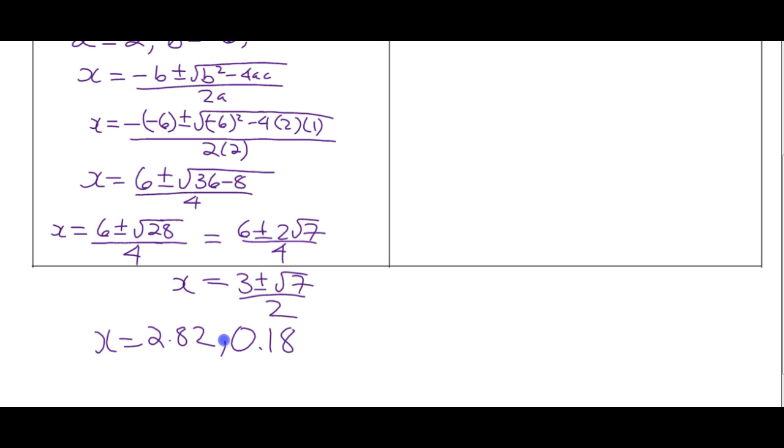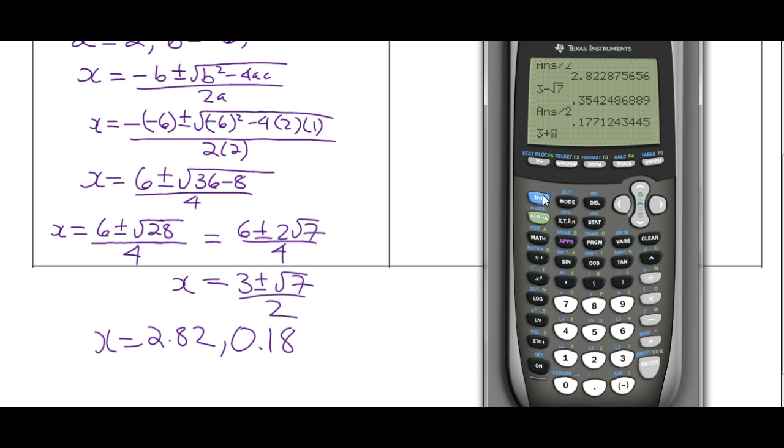Okay, and then when you actually go to evaluate them, you have to go 3 plus root 7. And I would just hit enter there, right? Like work out the top. Or you go bracket 3 plus root 7 bracket divided by 2. If you go 3 plus root 7 divided by 2 without the brackets, your calculator is going to do the order of operations first.